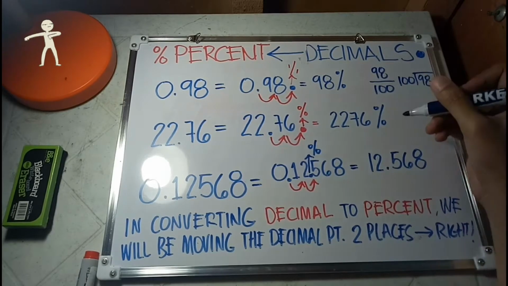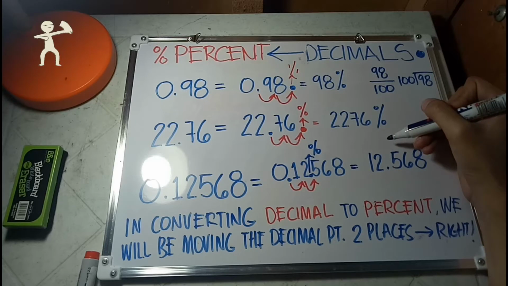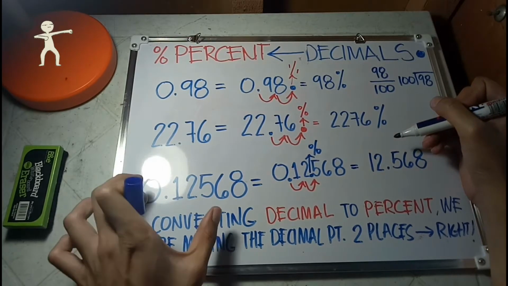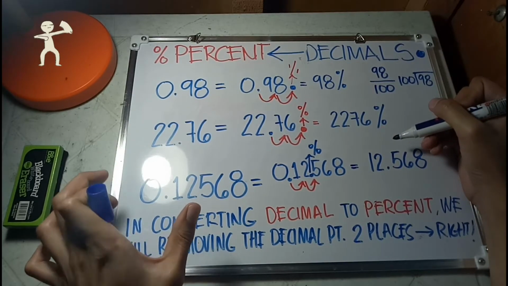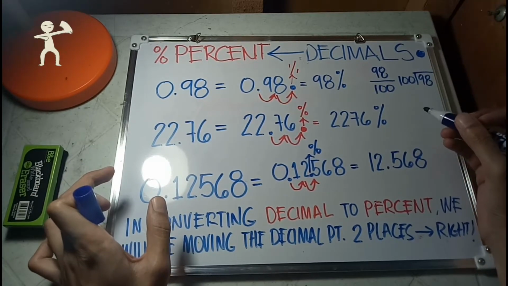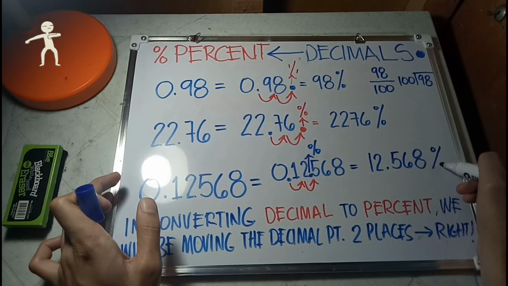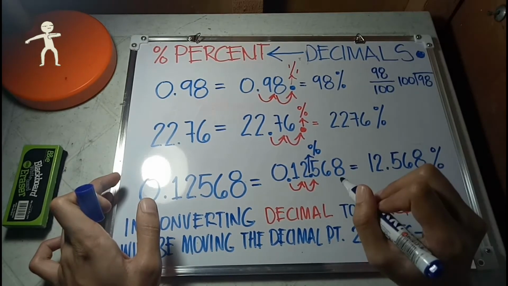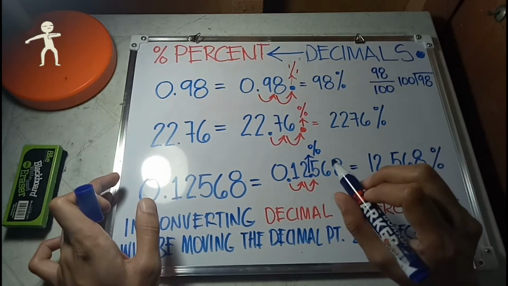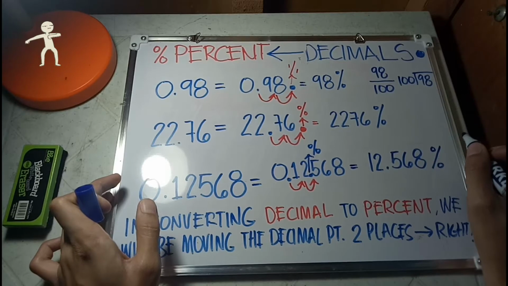So in this case, malilito po tayo. Kasi po dapat yung percentage sign is nandito. So if maka-encounter po kayo ng problem tulad nito, it is considered na po na yung percentage sign will be always at the end right of the digits. Opo. Ganun po.